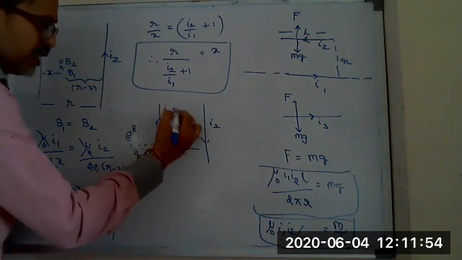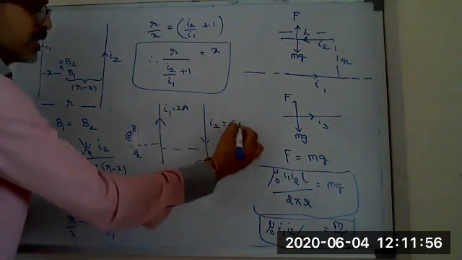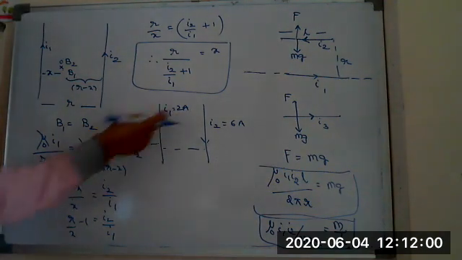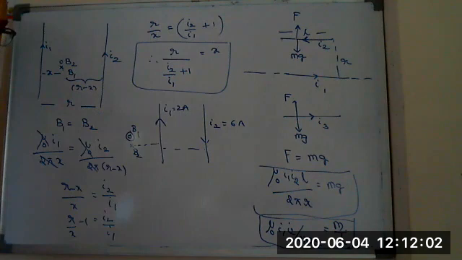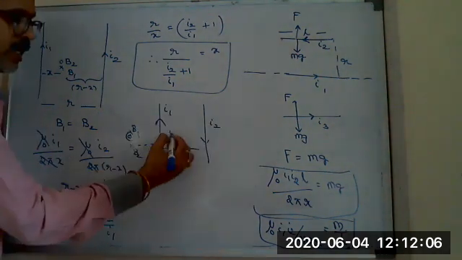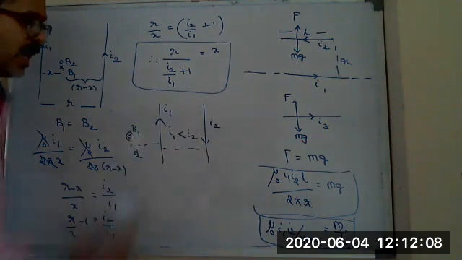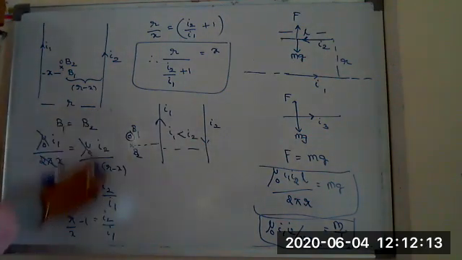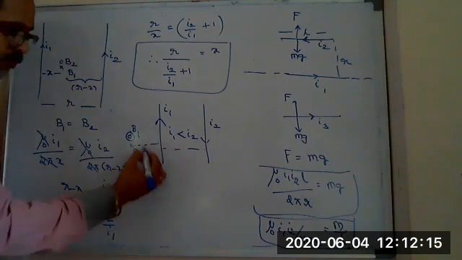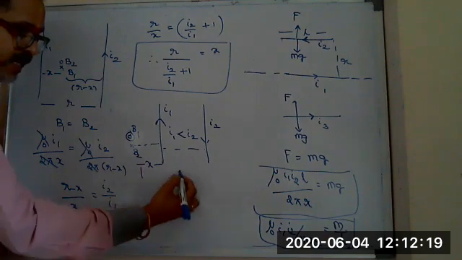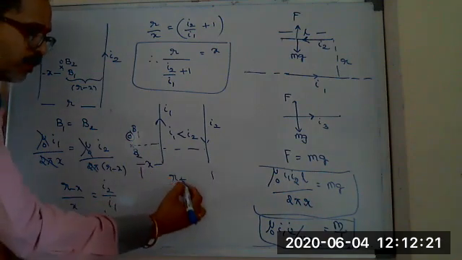If I1 is 2 amperes and this is 6 amperes, straight away I say the null point is formed close to the weaker current. So here the null point is always formed close to the weaker current, meaning I1 should be less than I2, what I'm saying. And in the same way, if you solve from the first conductor at a distance of x, from the second conductor it is at a distance of r plus x.